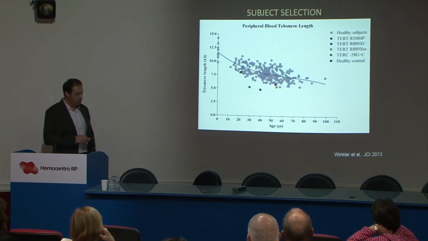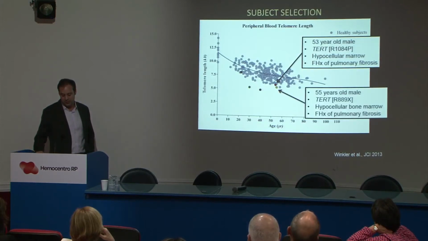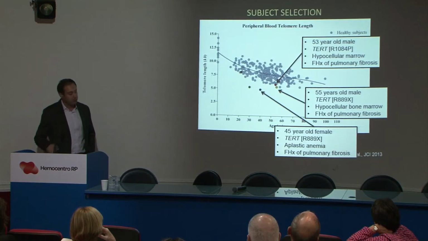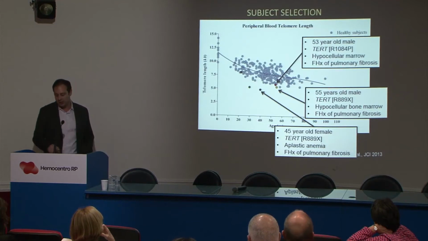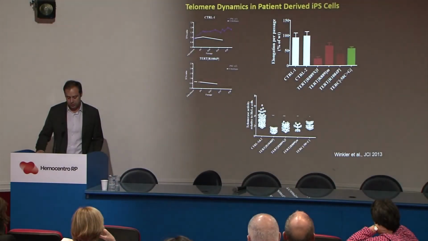So these are the patients here, and there are 4 patients at least with different mutations, but also there is this pair, brother and sister. She had aplastic anemia, and he was clinically healthy. And another patient with the mutation in the RNA component, as well as controls.